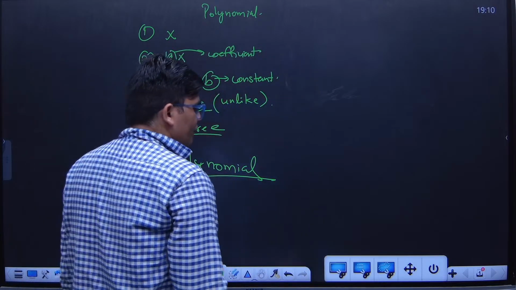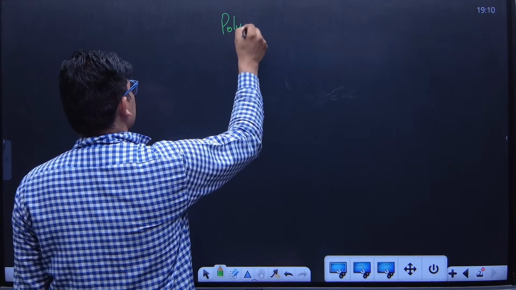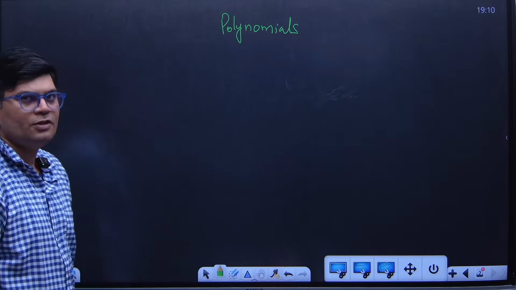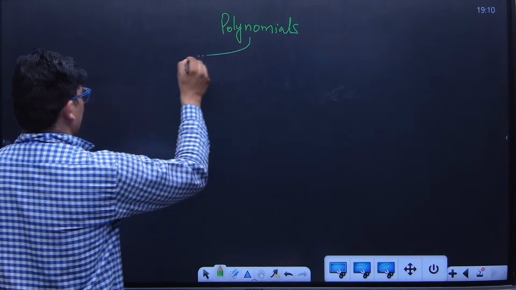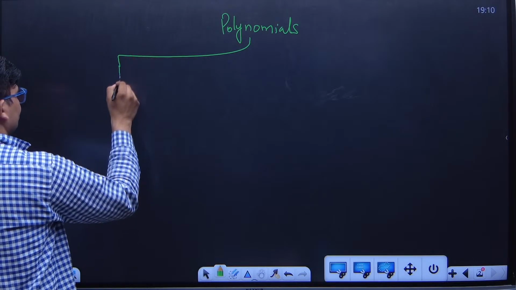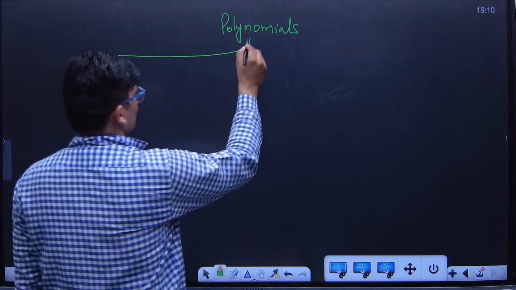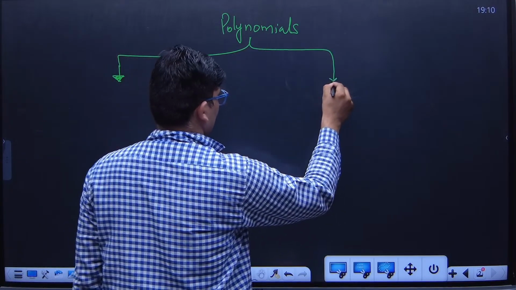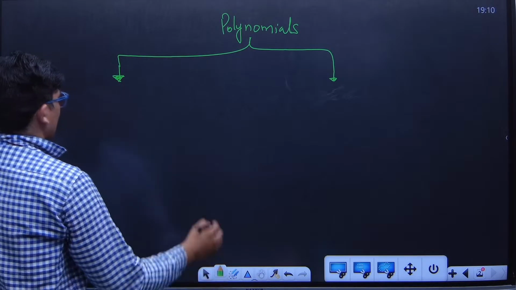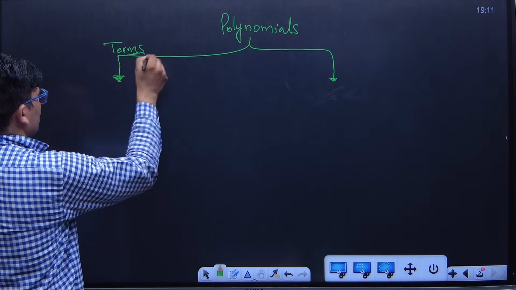Then if I ask you about the polynomials, based on the classification of polynomials, they are of two types. The first kind of polynomial is, I will say, based on the number of terms.